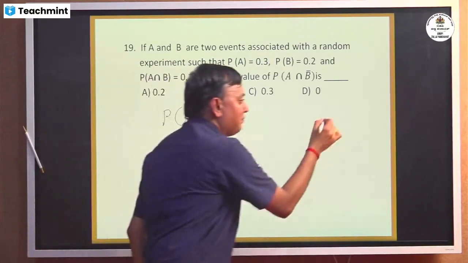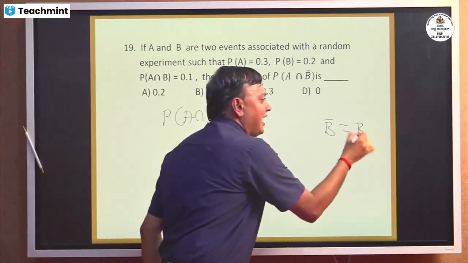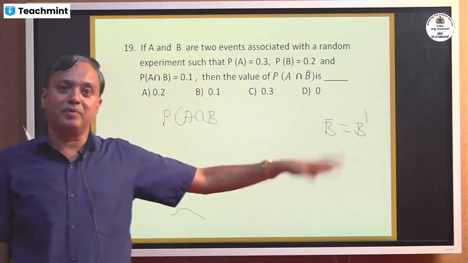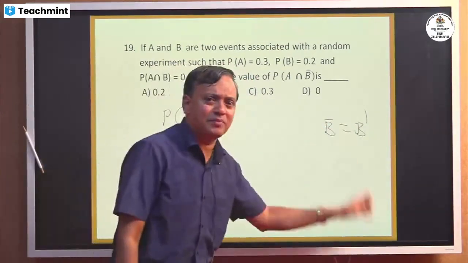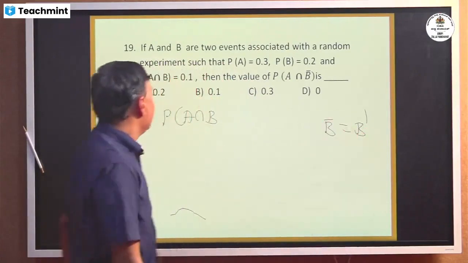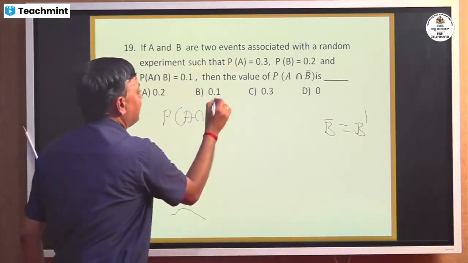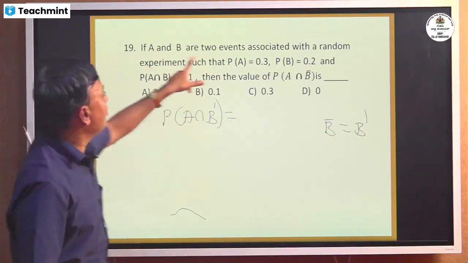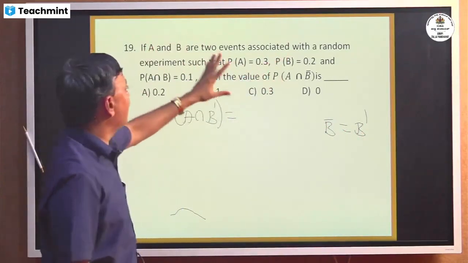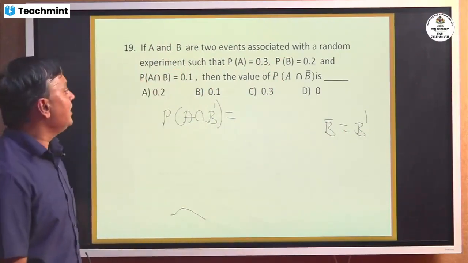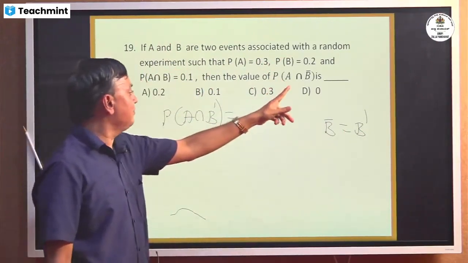We know B bar is nothing but B dash, which means not B. In the sets chapter we call it the complement, same concept here. So what is the probability of A intersection B dash? Here A and B are two events associated with the random experiment. P of A is given, P of B is given, P of A intersection B is given, correct? Now we need A intersection B dash.